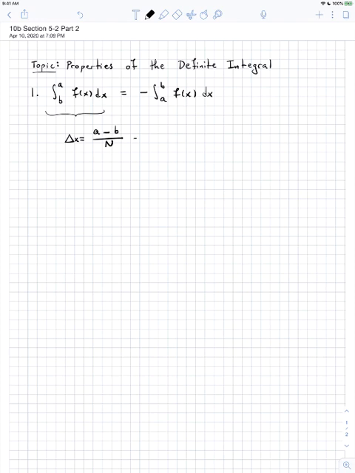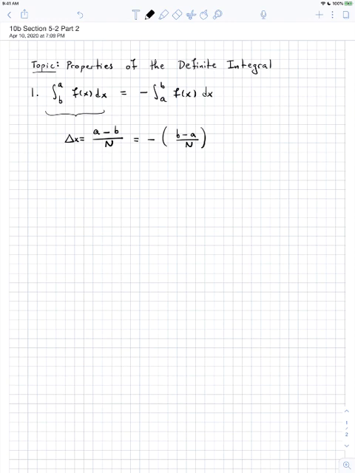But notice that this is the opposite of what we normally have, minus b minus a quantity over n. So you can see that delta x is the opposite in this case of what it normally is. And that's where this minus sign comes from.